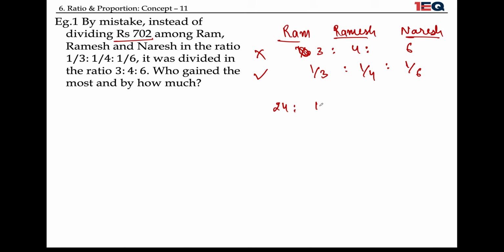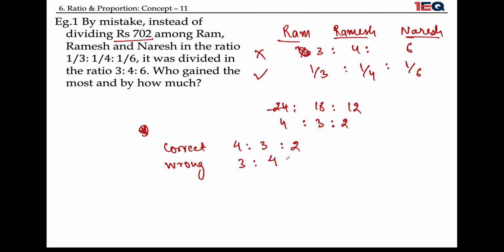Then 3 into 6 is 18, and 3 into 4 is 12. Using 6 common, 6 fours are 24, 6 threes are 18, and 6 twos are 12. So the correct ratio was 4 is to 3 is to 2. The wrong ratio was 3 is to 4 is to 6.